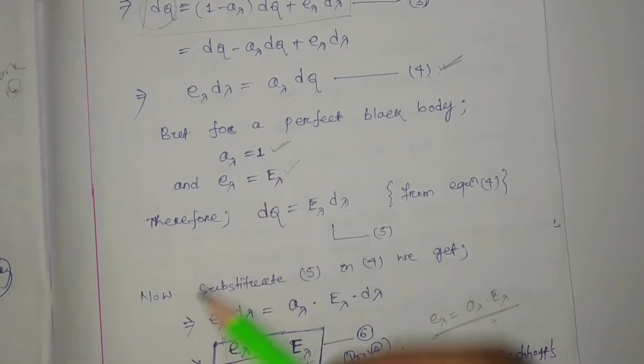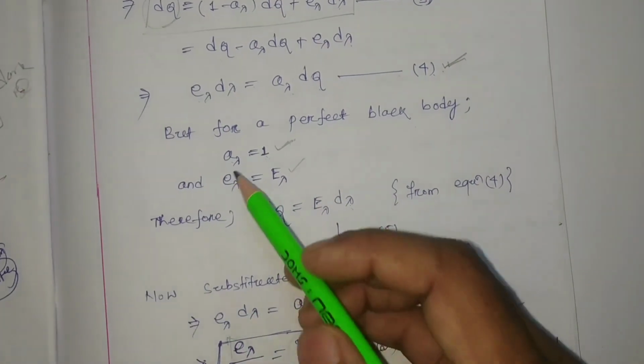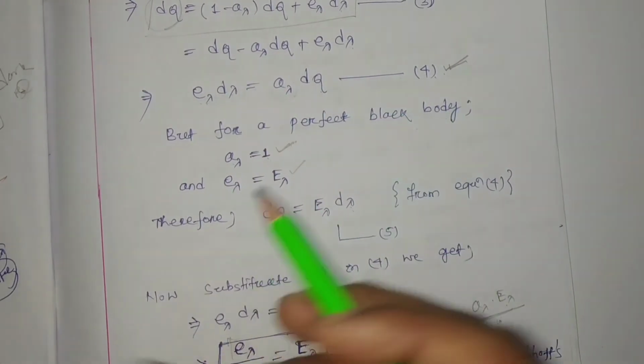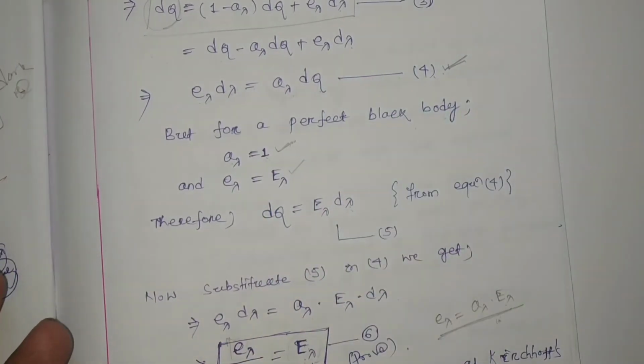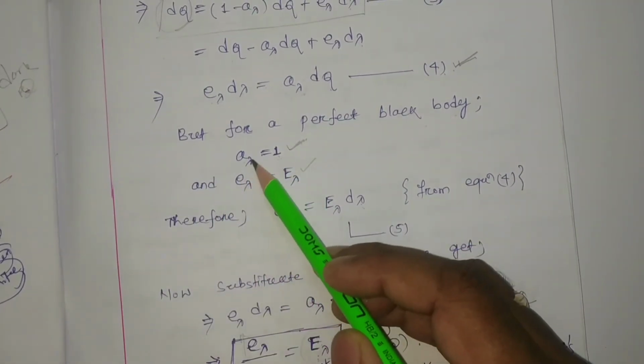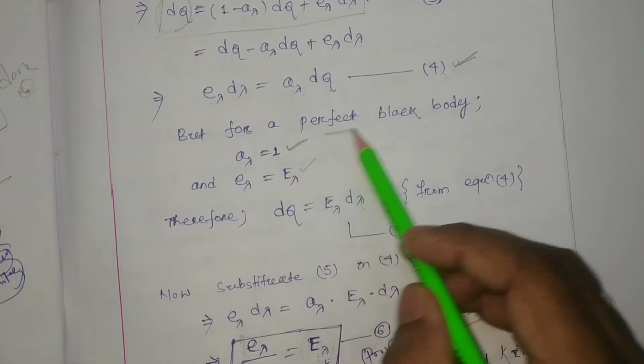It is very simple. For a perfect black body, the absorptive power A lambda at a particular wavelength is 1, that we know.